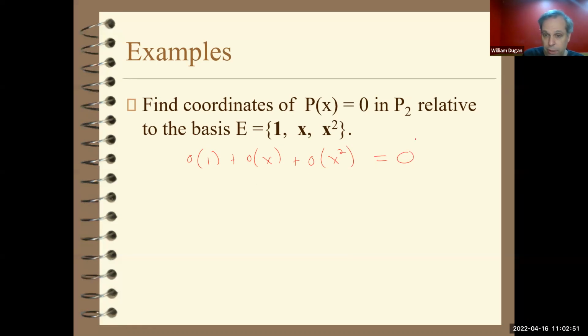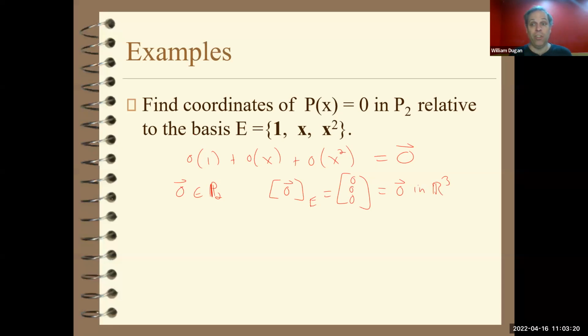Well, now the 0 vector here, I'll put a little vector notation. That 0 vector is in P2. It's the polynomial that assigns to every single real number 0. And if I want the coordinates of it relative to the basis E, that would be the vector 0, 0, 0, which is the 0 vector, where this is in R3.